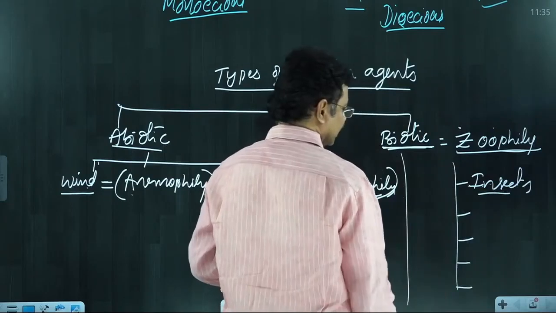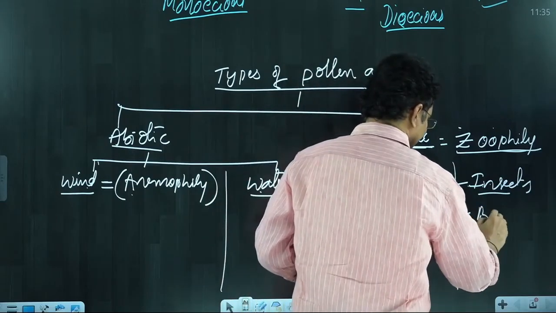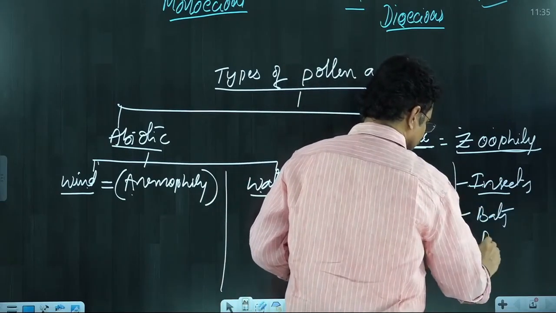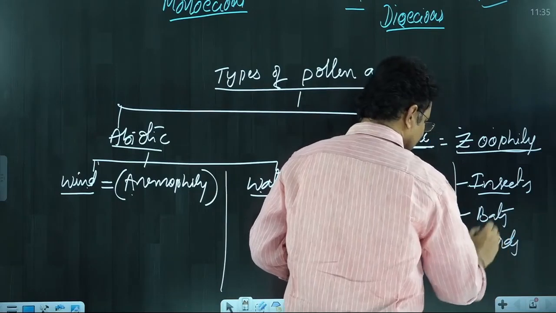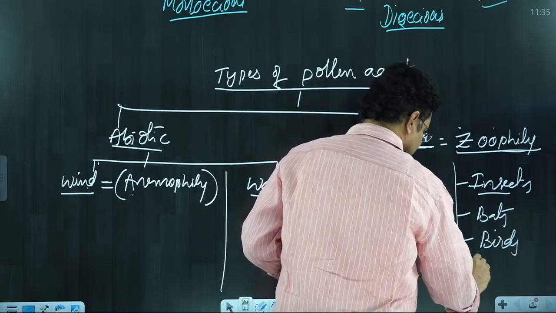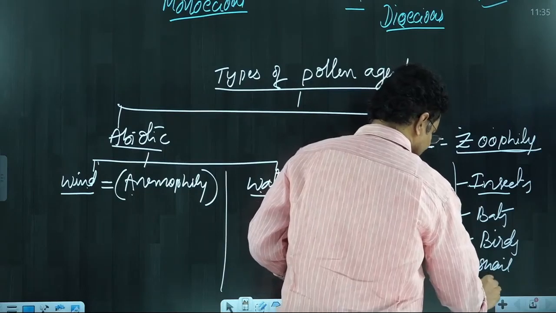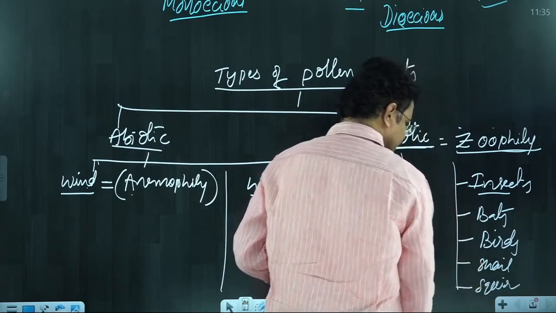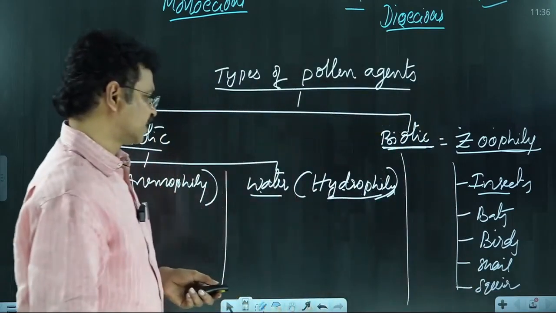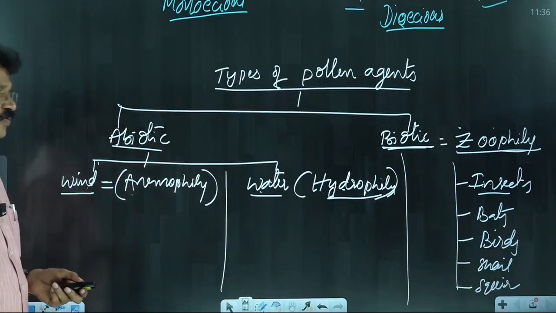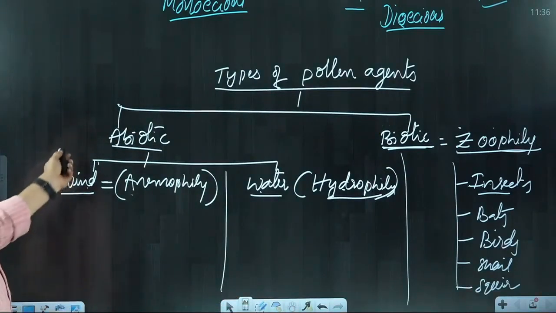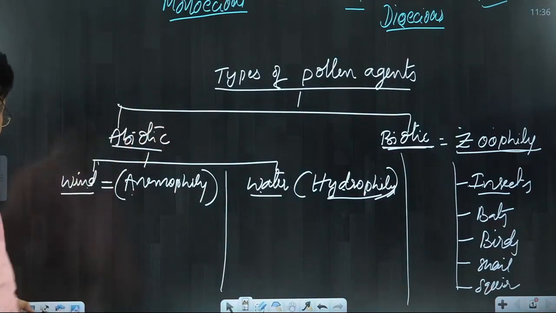Birds, ornithophily. Snails, malacophily. Squirrels, therophily. Snakes, ophiophily. These are types of pollen transferring agents.